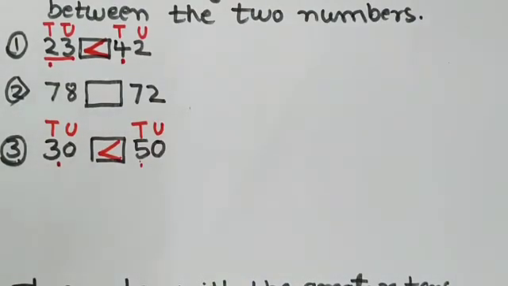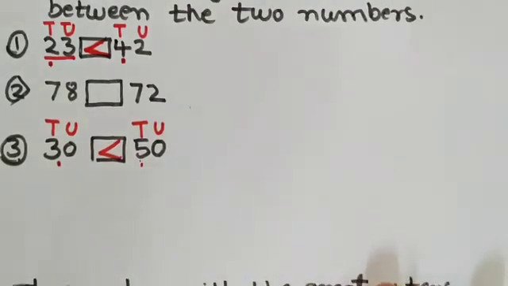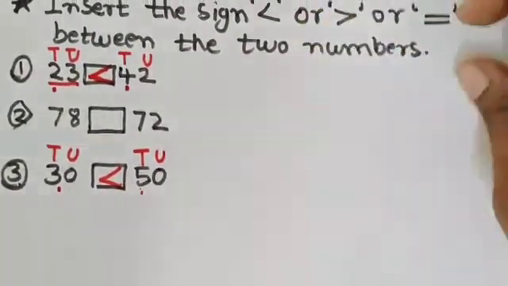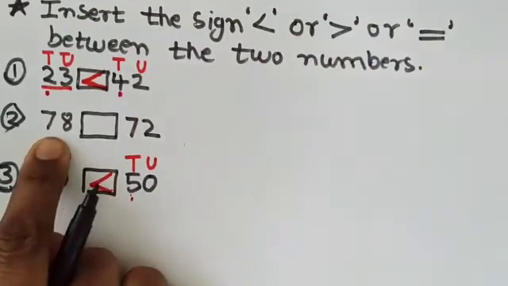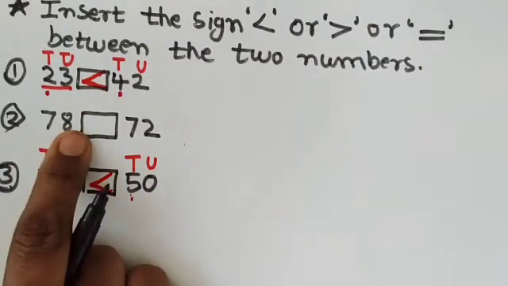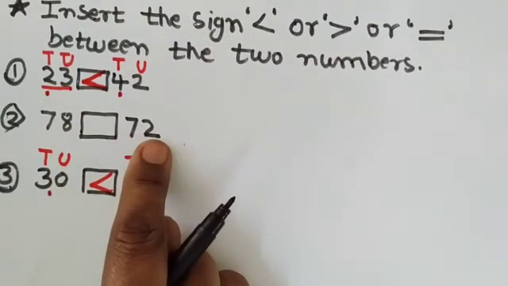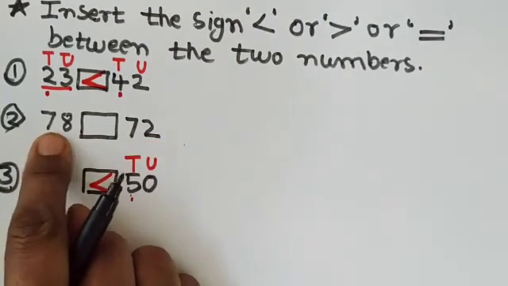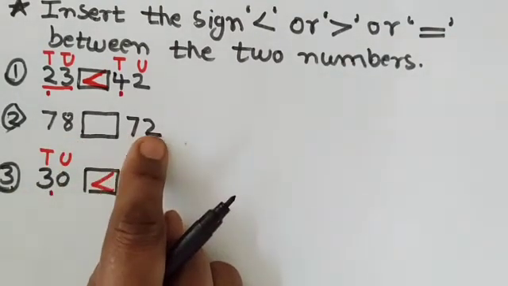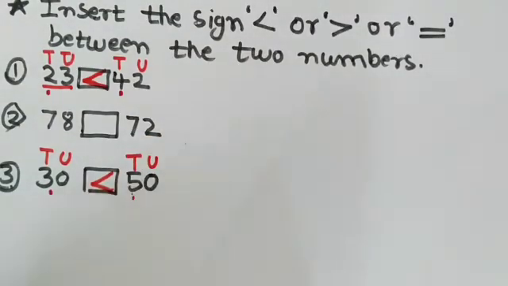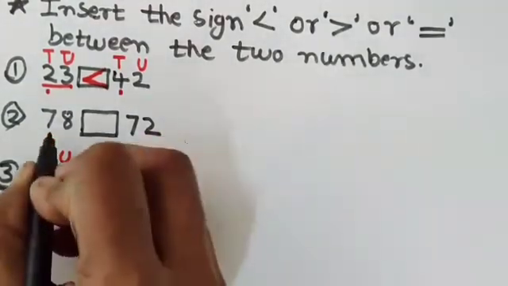Now children, we will take one more example of a different kind. Here we have 78 and 72. That is 70 plus 8, 78, and 70 plus 2, 72. So how to solve this, children? Let's see.